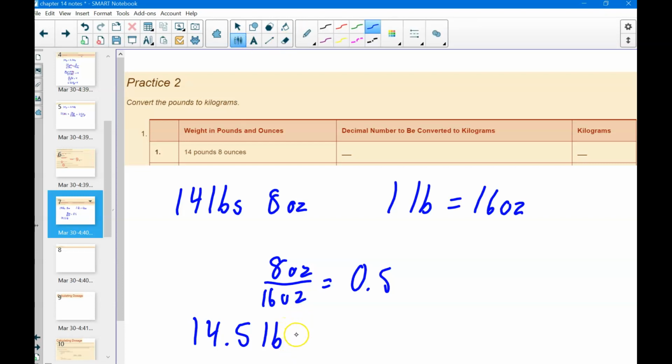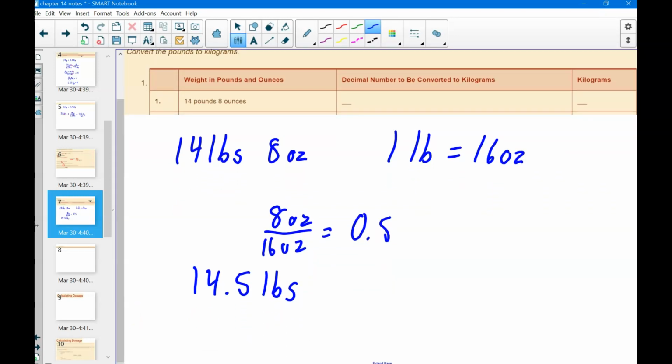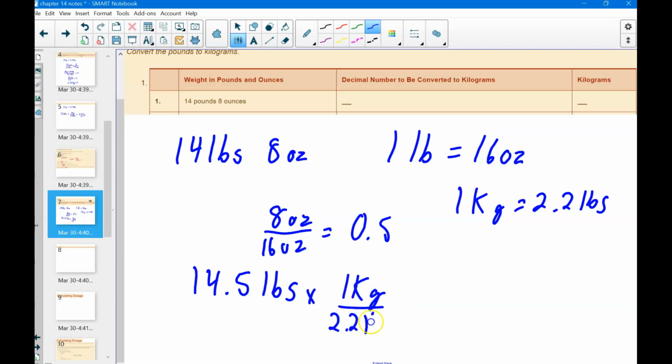Convert that into kilograms. Not too bad. All we've got to do is remember that 1 kilogram is equal to 2.2 pounds. So 1 kilogram on top, 2.2 on the bottom. Essentially we're dividing by 2.2.